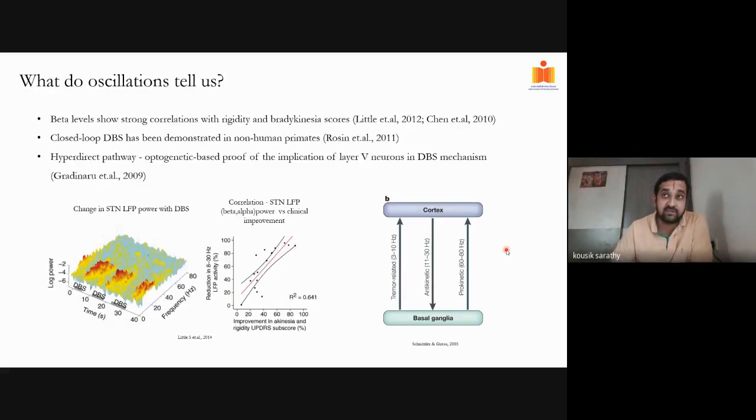Now, there are various ways to study these oscillations. Here you see that the oscillations are studied at the deep brain nuclei level. These oscillations are from the subthalamic nucleus. We can also study oscillations from the cortex. There are a few advantages to it.